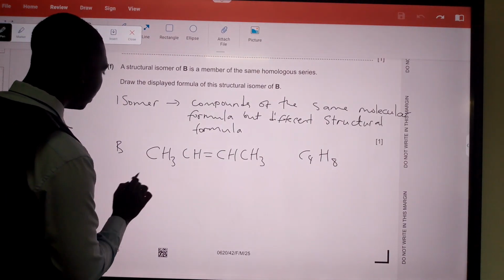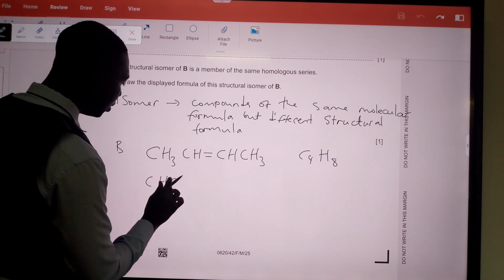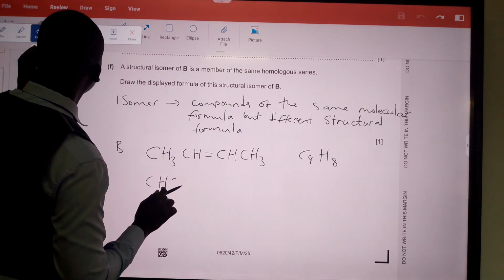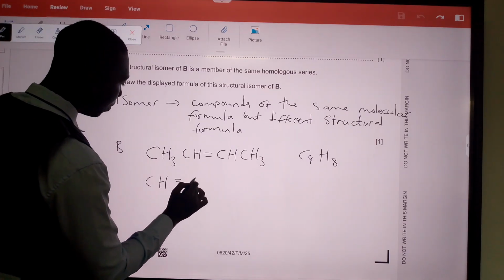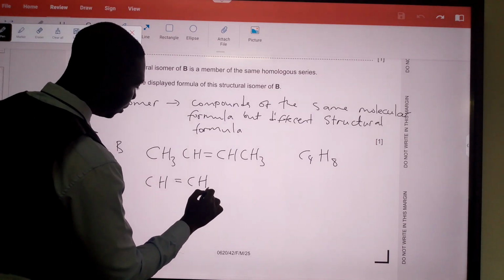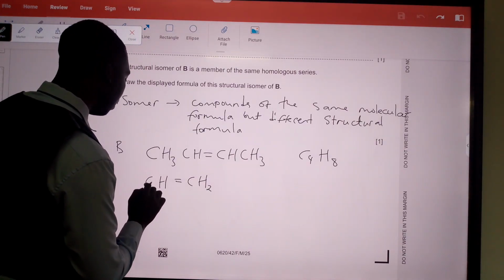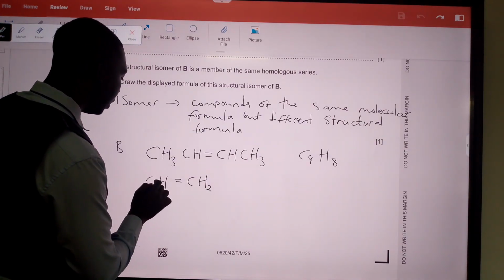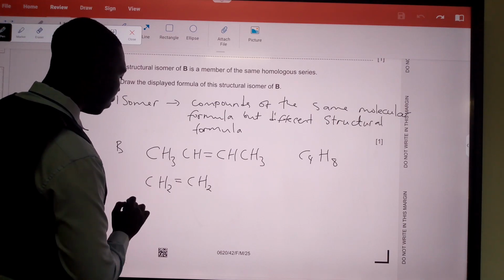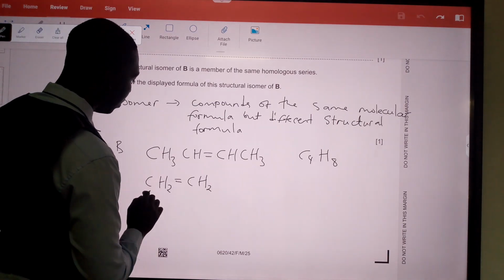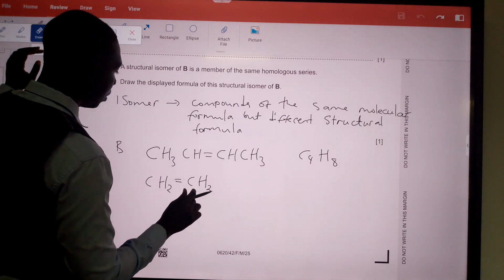So what we can do here is just move this double bond such that it becomes CH, double bond, CH, CH2. So this also has to be how many? One hydrogen, one bond, 2, 3. It has to be 4 bonds around each carbon. So this is CH2. Then this should be CH.